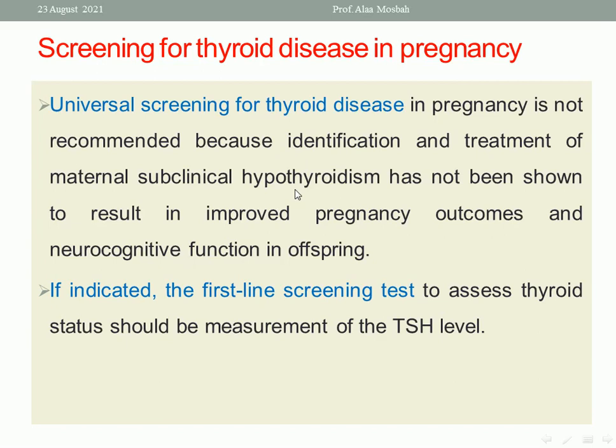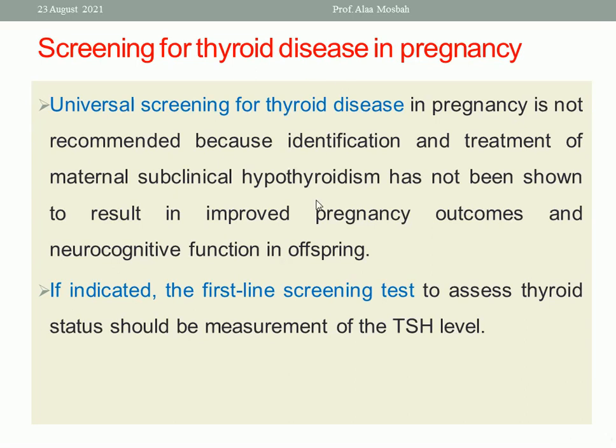Why? Because identification and treatment of maternal subclinical hypothyroidism has not been shown to result in improved pregnancy outcomes and neurocognitive function in offspring, as regards the guidelines, up till now. So you are doing screening to detect subclinical hypothyroidism.